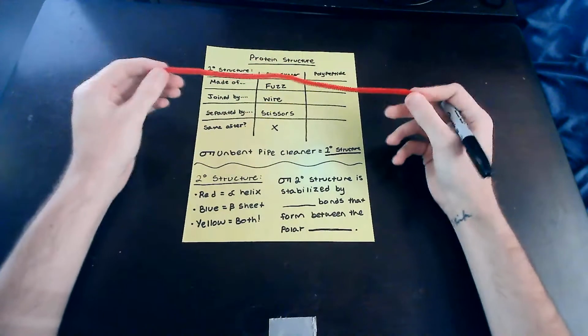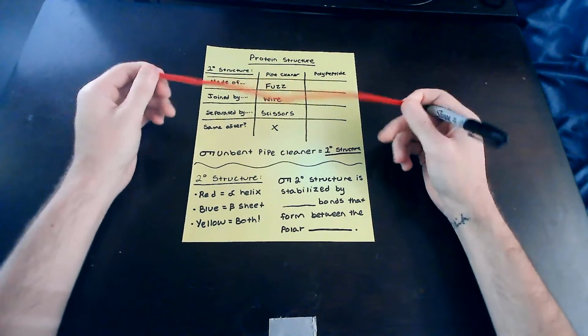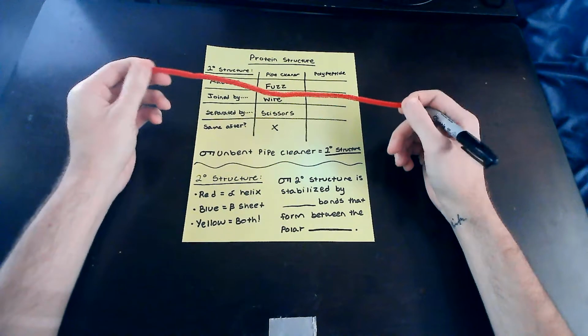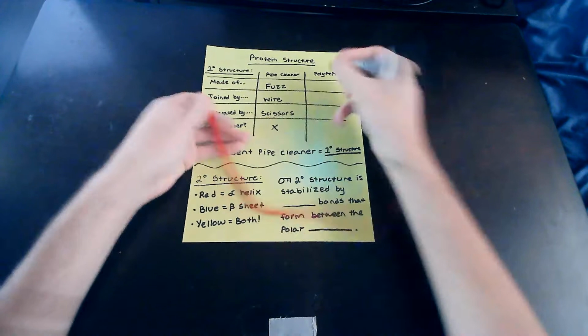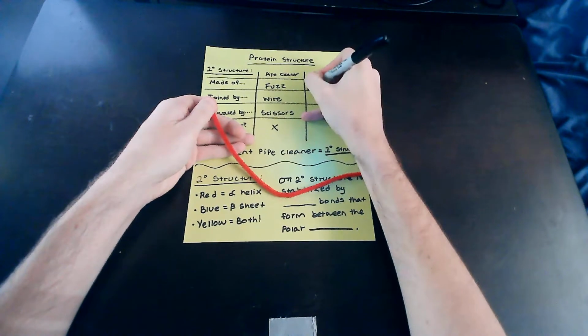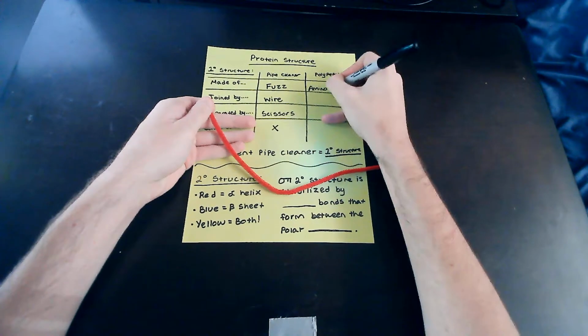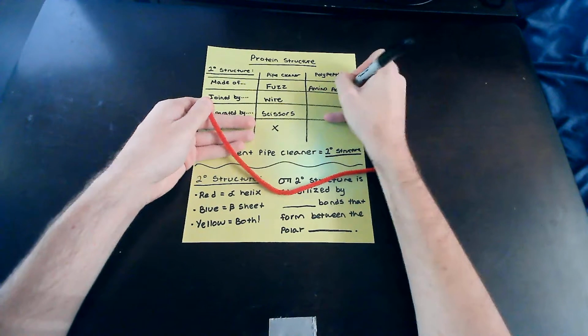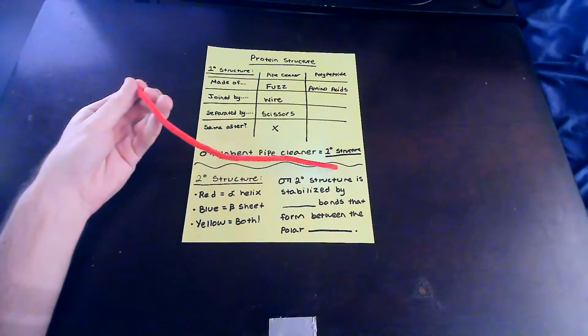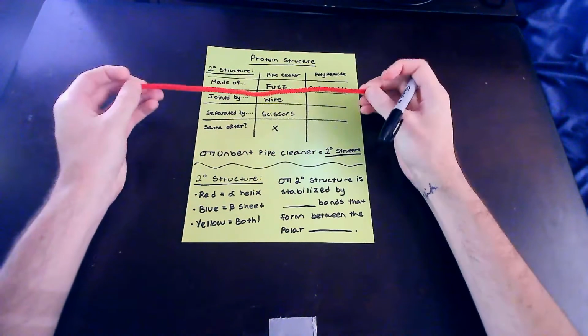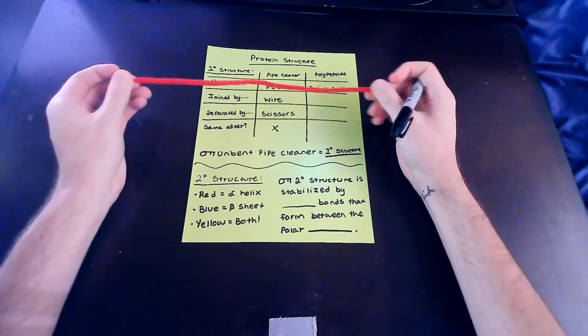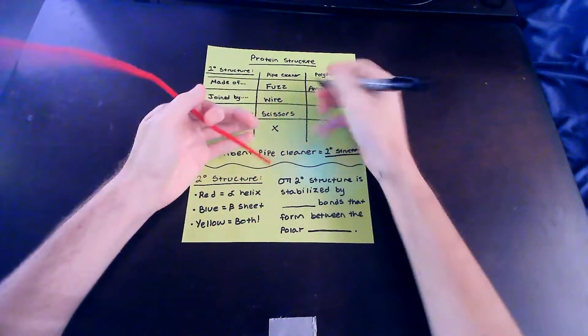Right, so how is this like a polypeptide? Well, a polypeptide is made up of monomer subunits known as amino acids. And they're joined by the bonds that form between amino acids known as peptide bonds.